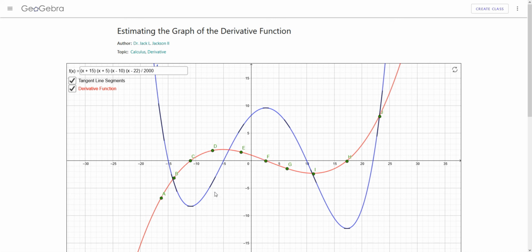Somewhere it switches from concave up to concave down, and that's going to happen at an inflection point on the original graph, which is at a maximum here on the derivative, somewhere around there. And then what happens from there?